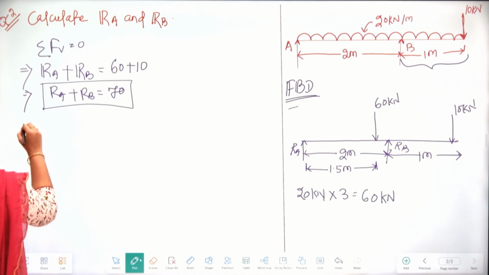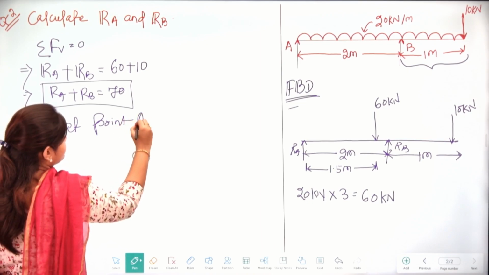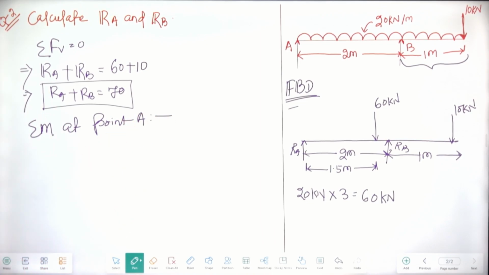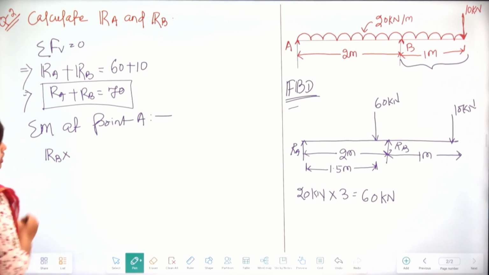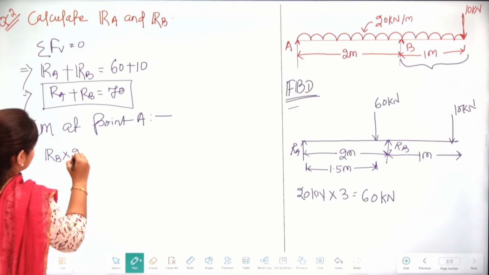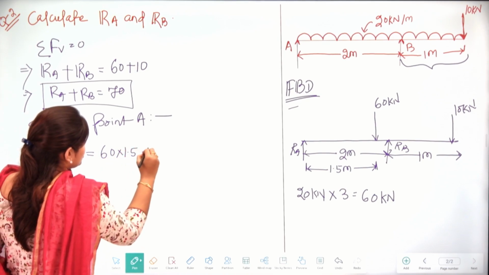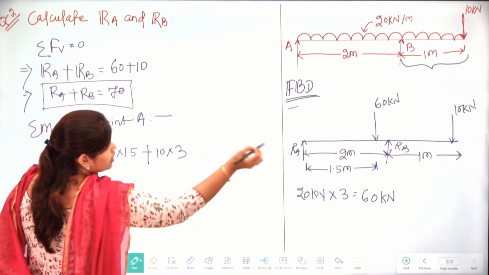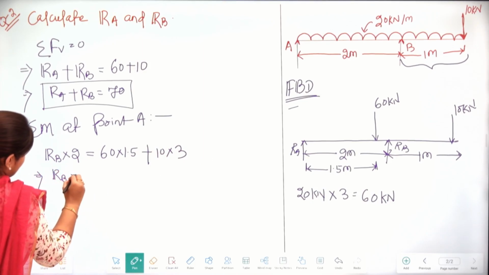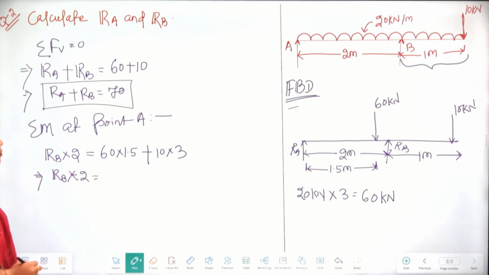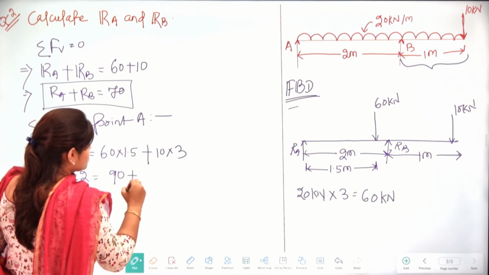Now, summation of moment at point A. We can write that RB multiplied by 2 is equal to 60 into 1.5 plus 10 into the total distance 3. So RB into 2 is equal to 60 multiplied by 1.5, that is 90, plus 30.